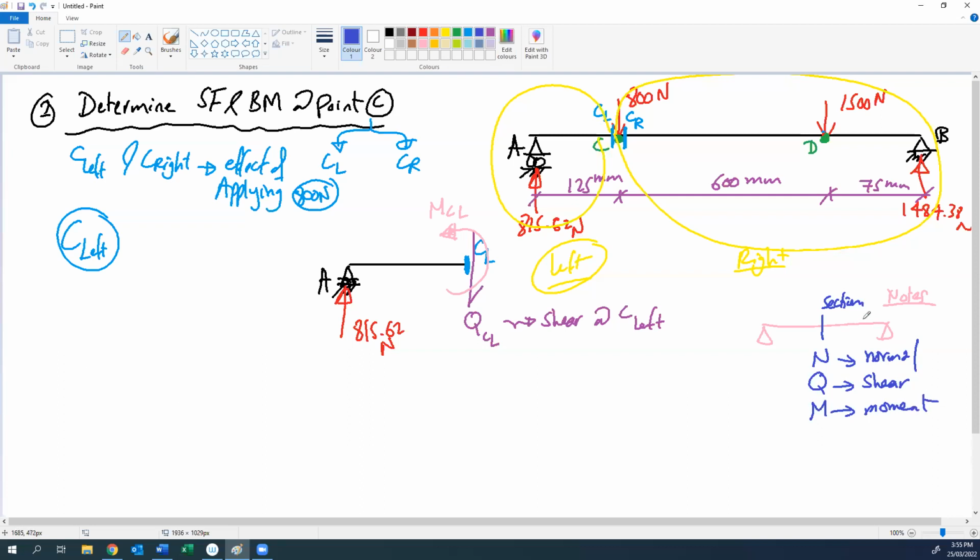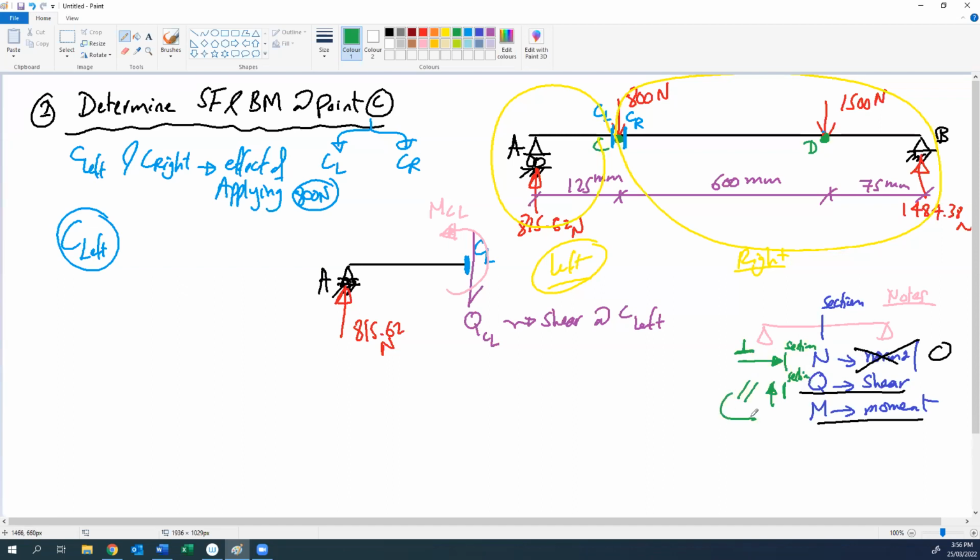Okay. For this beam, because we don't have any horizontal forces, the normal force is 0, but we will have shear and moment. Why don't we have normal force but we have shear and moment? Because normal force means the force perpendicular to the section. If the force is parallel to the section, it causes shear.